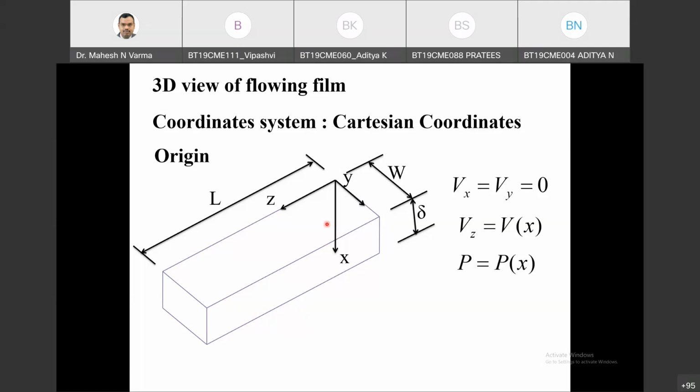Look, there are 8 possible origins, 4 top and 4 bottom. Now say I am moving in y direction, in z direction. If I move in y and z direction, my model equation will not change, because my Vz is a function of x only.